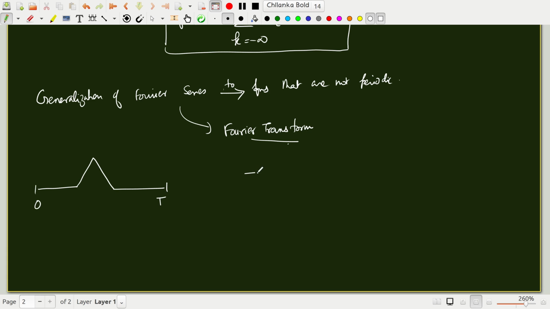Now if you extend T to infinity, then to be symmetric, you can also write it between minus T and plus T. As T tends to infinity, this becomes an aperiodic function.